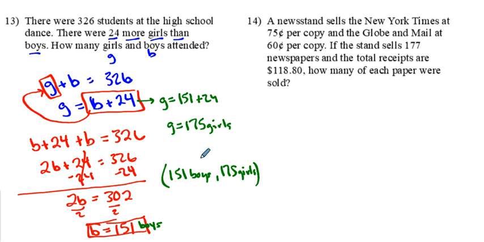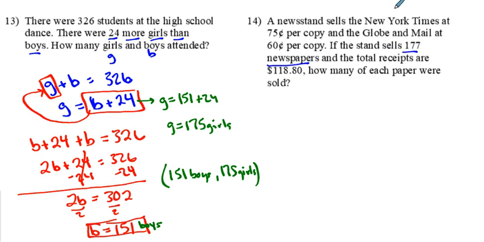Number 14. This one's talking about a newsstand selling two different papers. We've got the New York Times and the Globe and Mail. 75 cents for the New York Times, 60 cents for the other one. And it tells me the stand sells 177 newspapers.